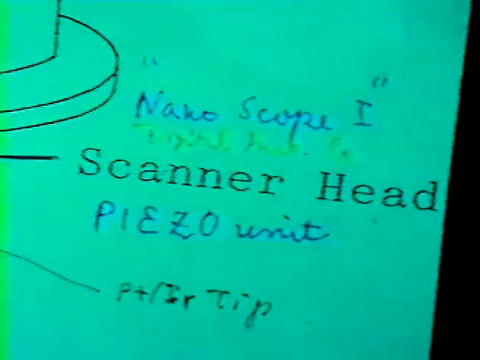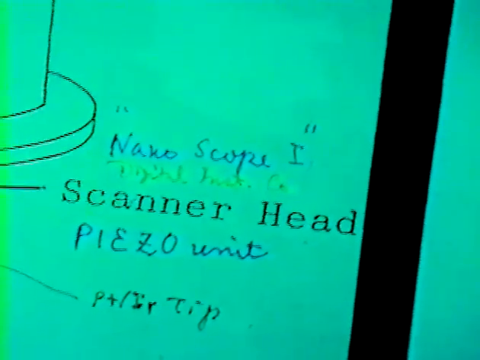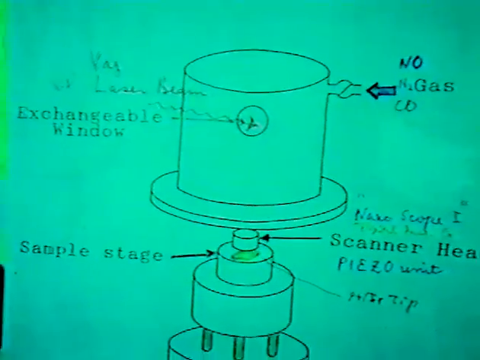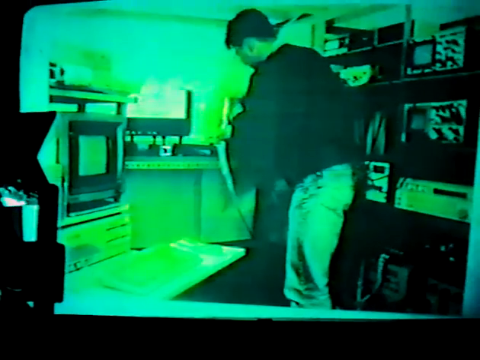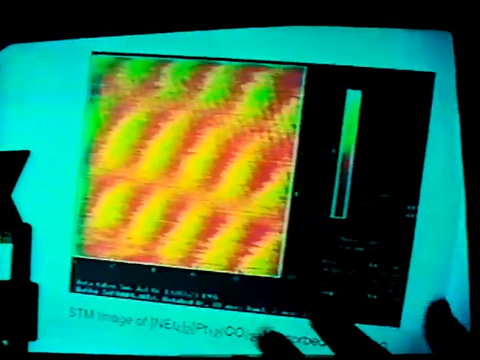We start with the materials deposited on the supports and conduct the STM observation under the atmosphere. This is one shot of the STM images of the platinum 12 carbonyl 24 on highly oriented graphite.